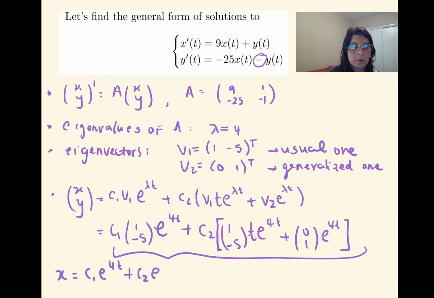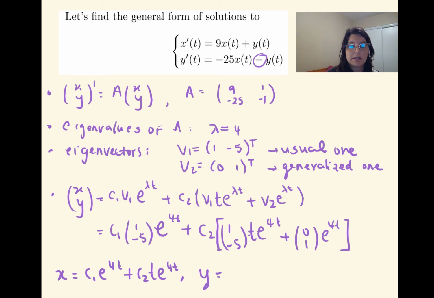So we end up with c2 t e to the 4t, while y will correspond to the second component of this expression on the right-hand side. Same expressions. So we have c1 multiplied by minus 5 times e to the 4t.